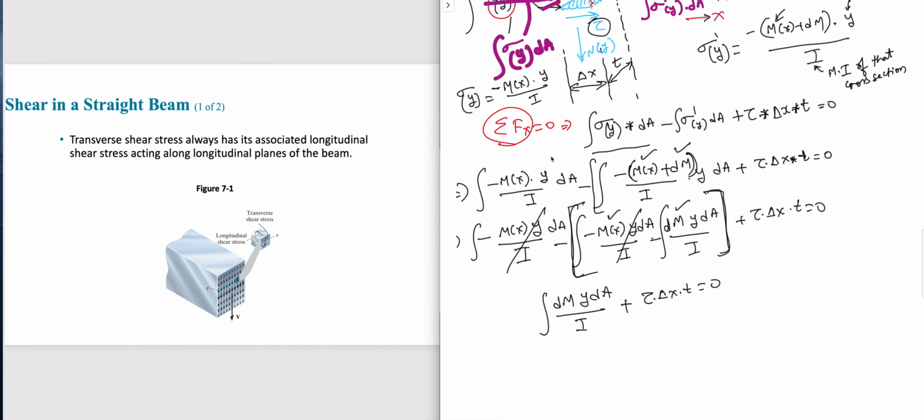If we rearrange this, we get tau is equal to, so dM is not a function of area. Y is a function of area, but the moment of inertia is constant for the cross section. So dM is anyway a constant for that cross section. So dM over I times delta x times t, integral y dA.